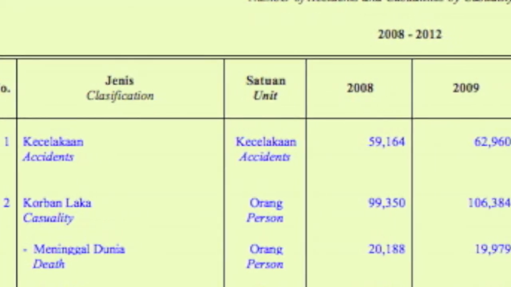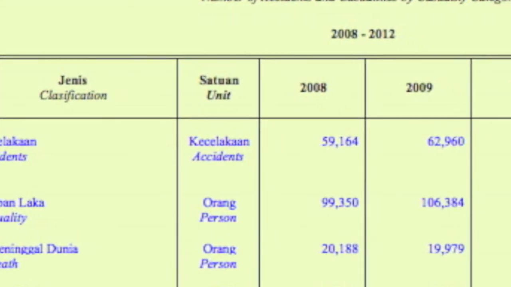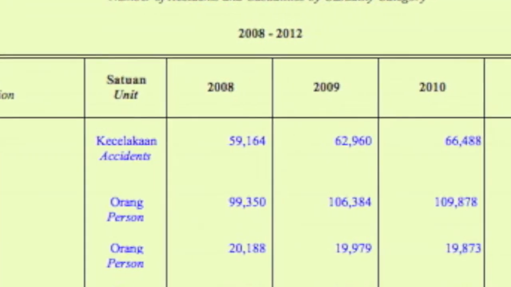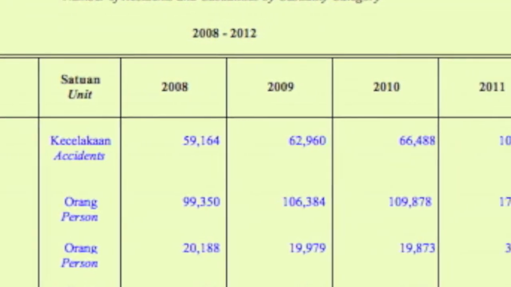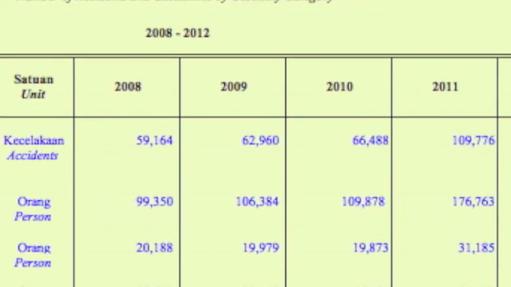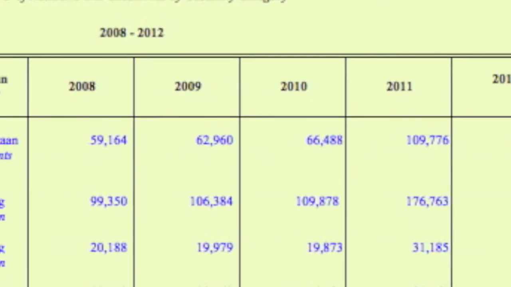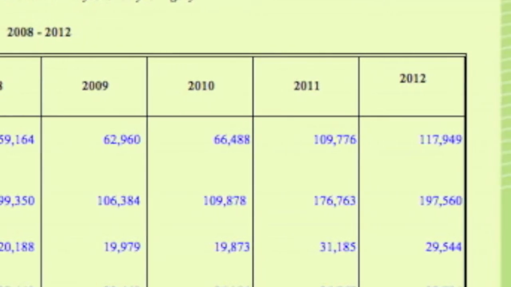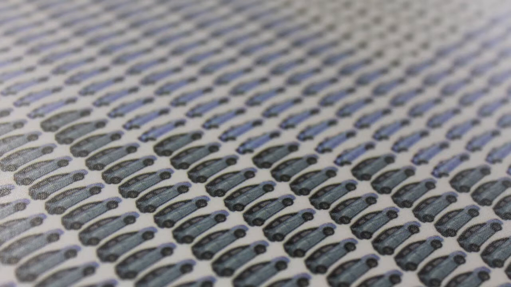I used the statistics from Indonesia's Transportation Statistics 2012 and discovered that the number of traffic accidents in 2008 doubled by 2012 from 59,164 to 117,949.